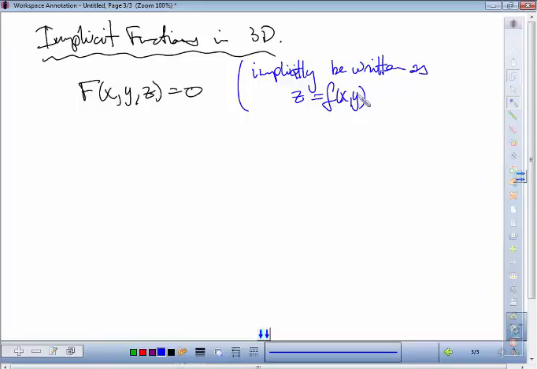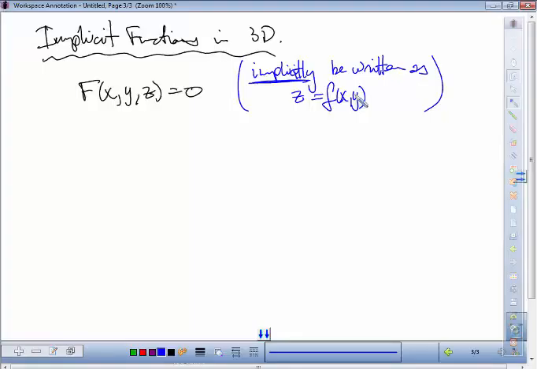And I'm using little f purposely different from capital F to say that little f is a function of 2 variables, capital F is a function of 3 variables. And I say implicitly because sometimes we can't actually solve for it.